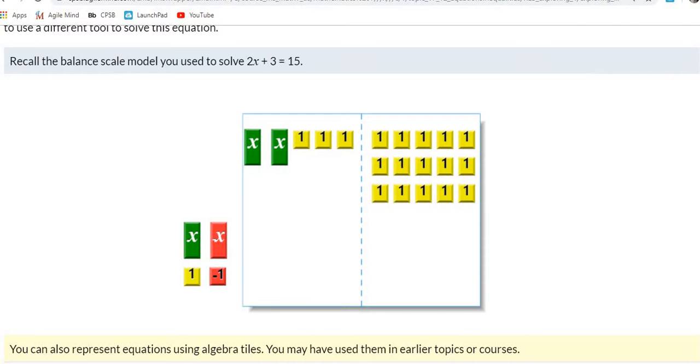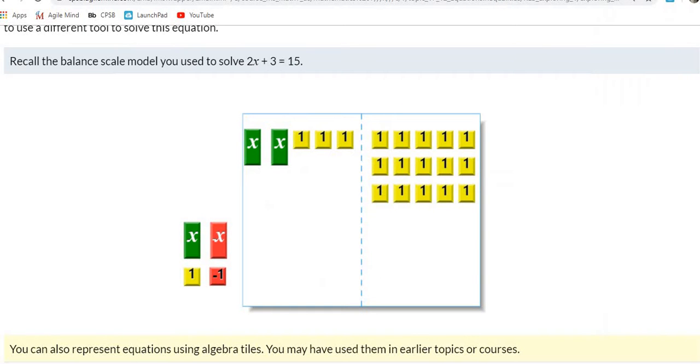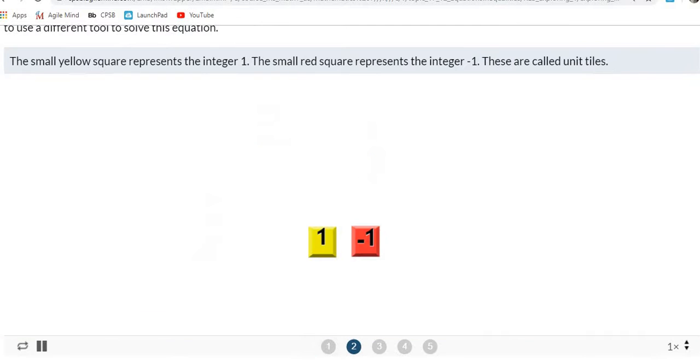So number 1, it says we need to sketch what these cubes represent.